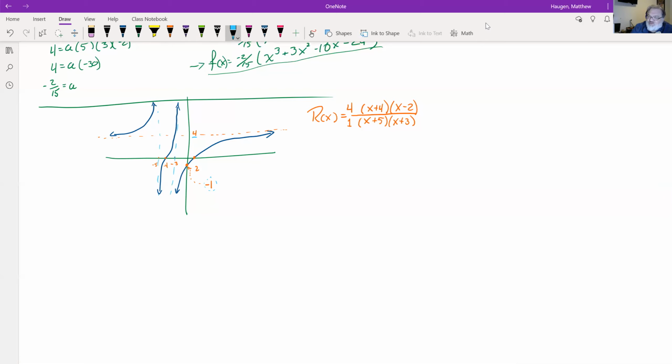So this could be 4 times anything as long as that is 1 times that same anything. Then that ratio of lead coefficients will be 4 to 1. Does that make sense? And that is the weird thing about this. But this problem is probably putting in a little bit more than you guys would be asked.